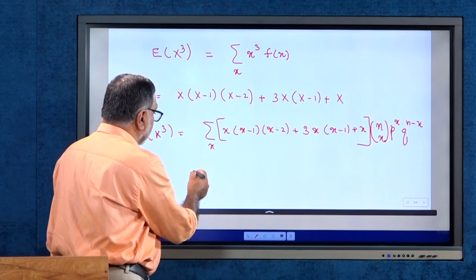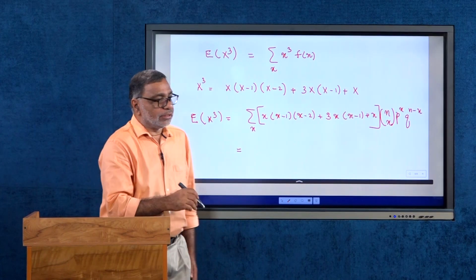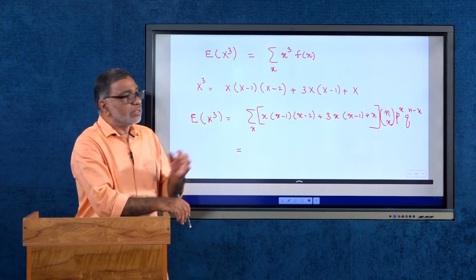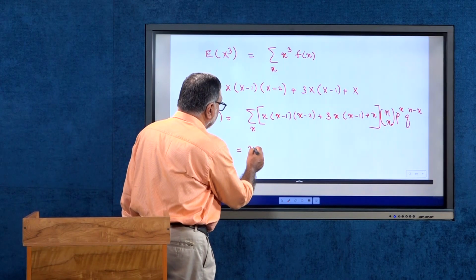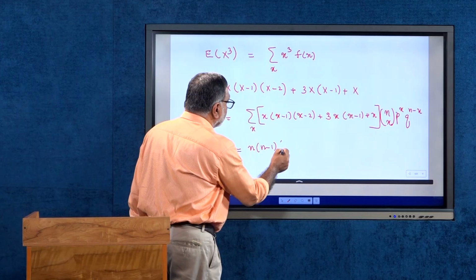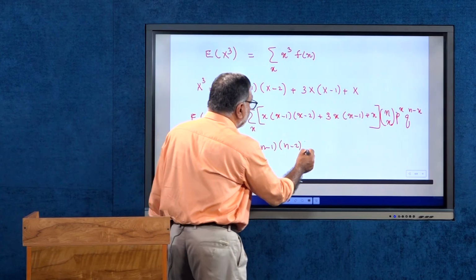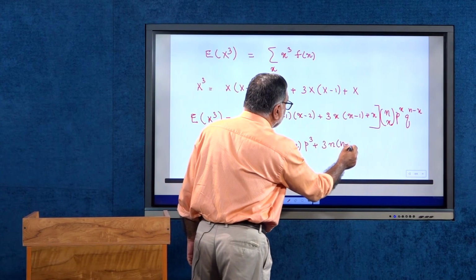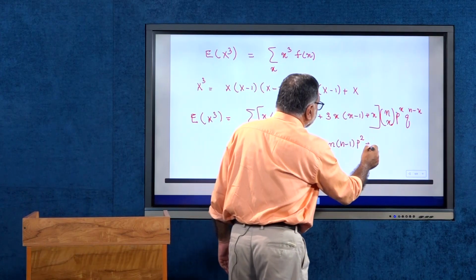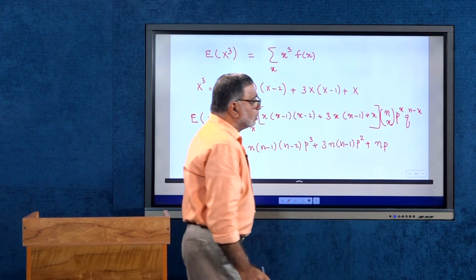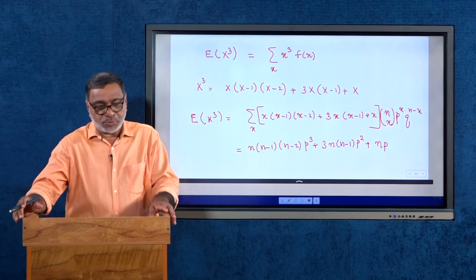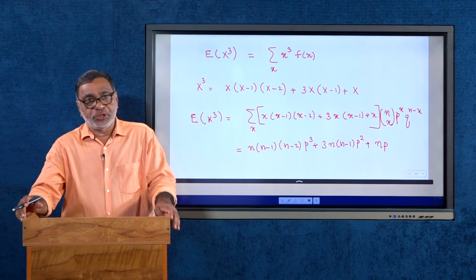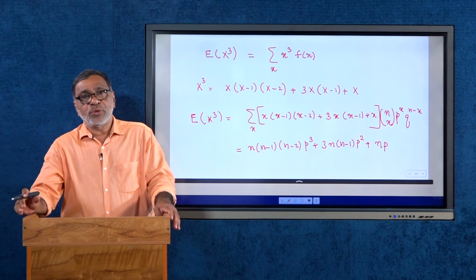And by the same argument we adopted in the derivation of expectation of x square and expectation of x, this can be written as n into n minus 1 into n minus 2 p cubed plus 3n into n minus 1 p square plus np. That is, we can derive the expectation of x cubed as n into n minus 1 n minus 2 p cubed plus 3n into n minus 1 p square plus np.